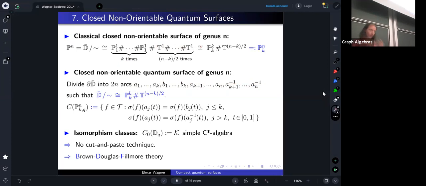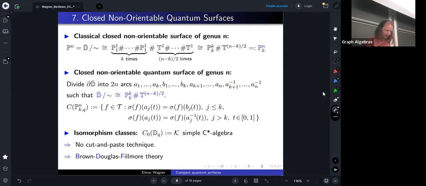Again, the order doesn't matter. We will see later that it is isomorphic. I just require shrinking the arcs that come with the inverse orientation. Shrinking them gives the connected sum of projective spaces. Shrinking arcs that have twice the same orientation gives the tori, some connected sum of tori.